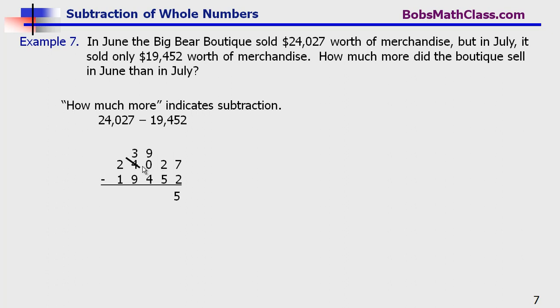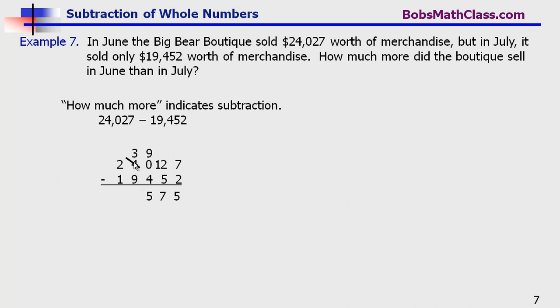Think of that 4 as a 40 right here. So subtracting 1 from 40 is 39. And then we can put the 1 in front of the 2. Now we can subtract. 12 minus 7 is 5. 9 take away 4 is 5. And here's a 3.